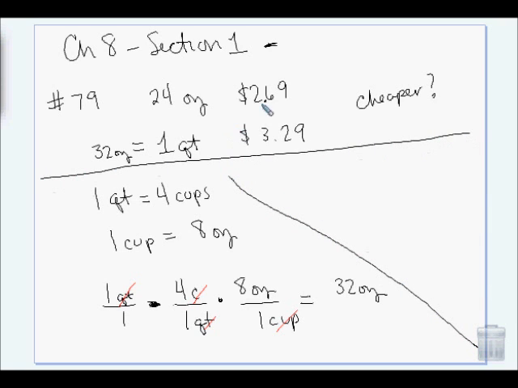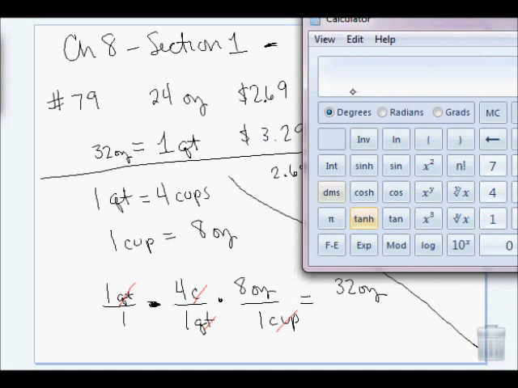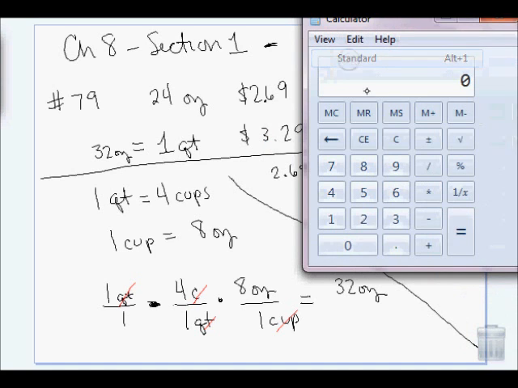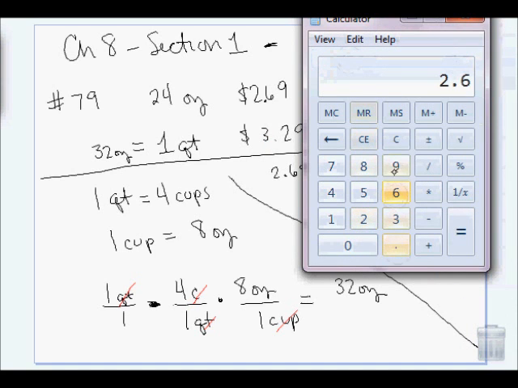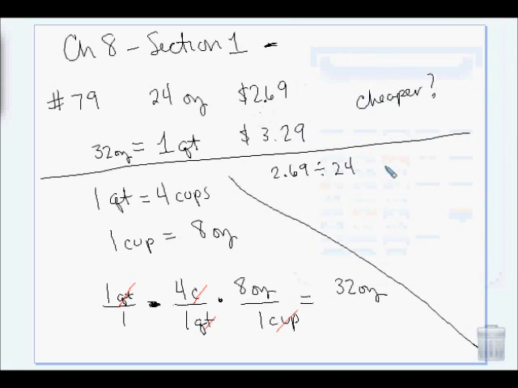Now I want to find out the per ounce price. I have $2.69, and that's 24 ounces, so I'm going to do $2.69 divided by 24. And that's 11 cents an ounce, essentially.